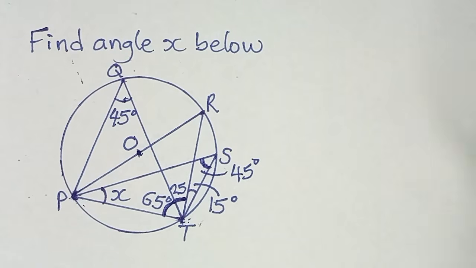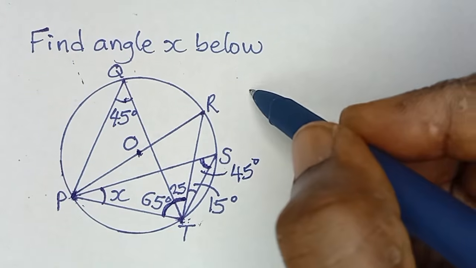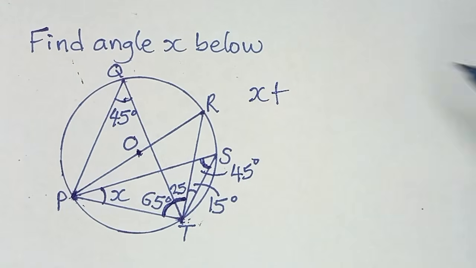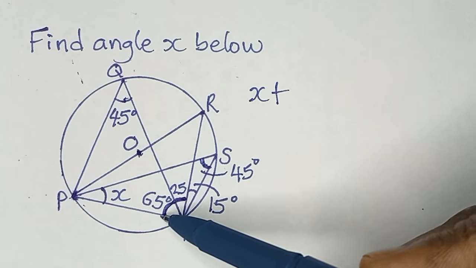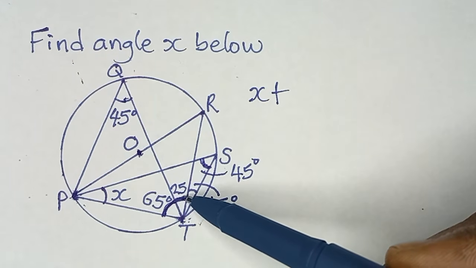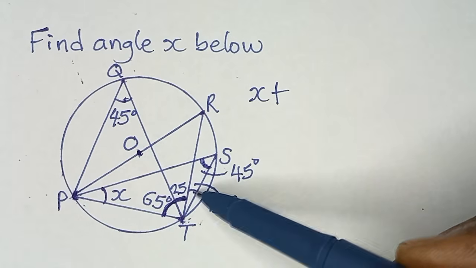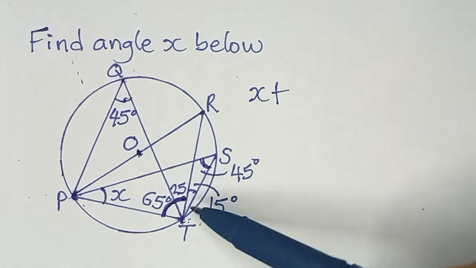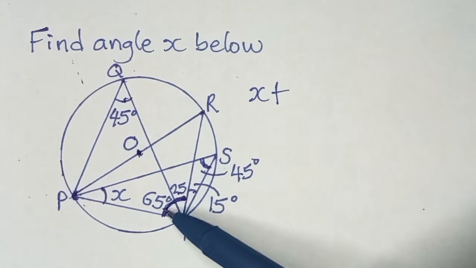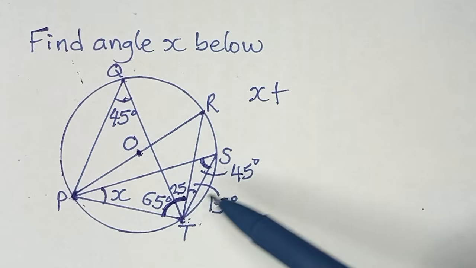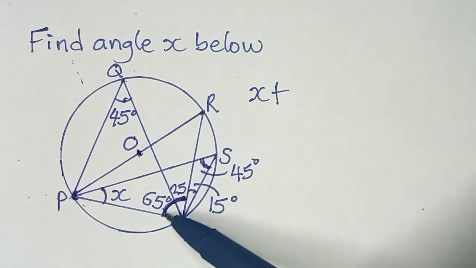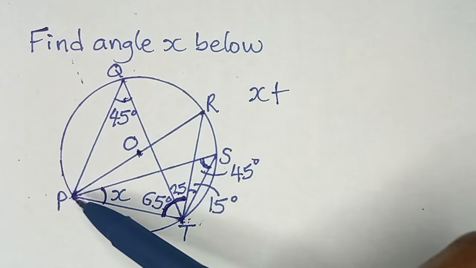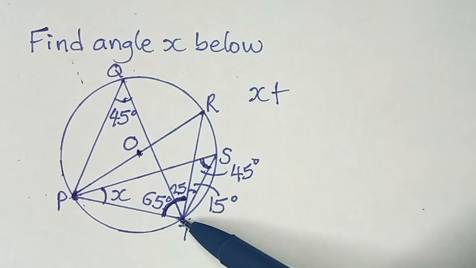Now, with respect to triangle PTS, you will agree with me that angle X plus the whole of this angle here, which is 65 plus 25 plus 15, hope you have seen all the three angles. This is 65, this is 25, and this is 15. All together they form one angle in triangle PTS.